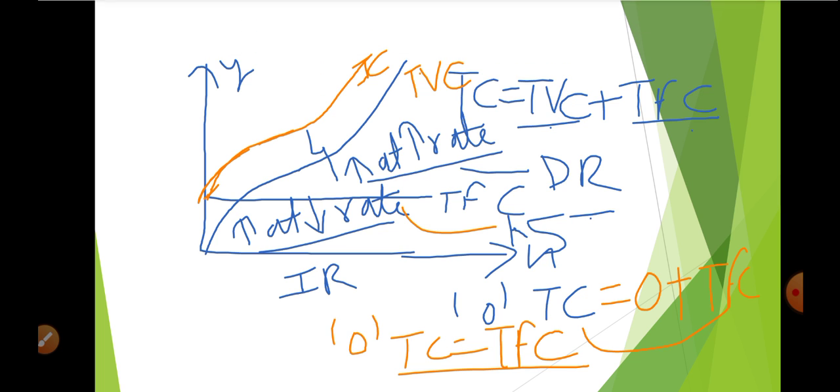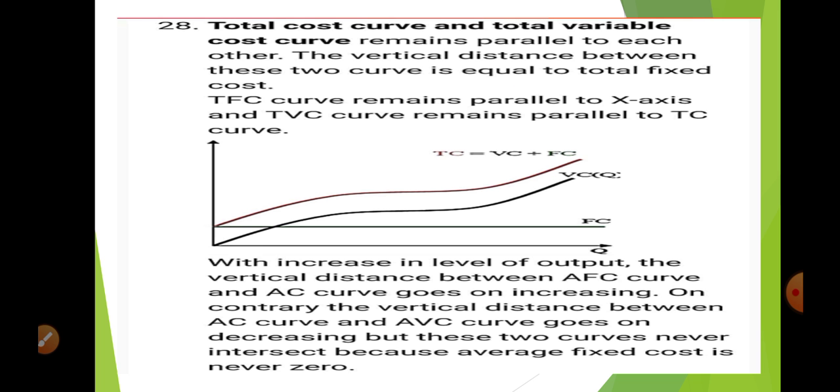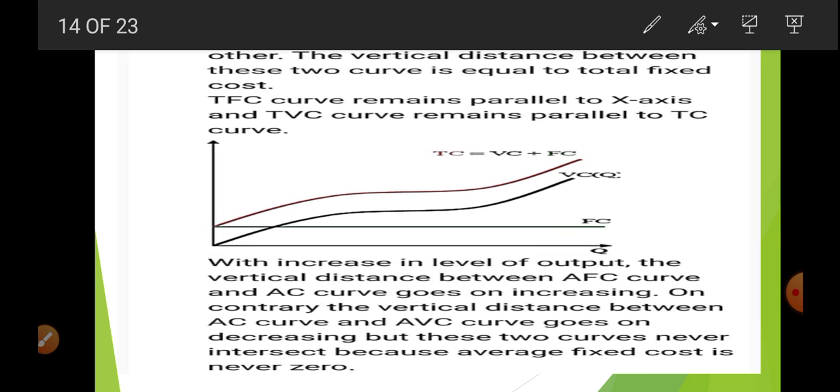So what is written in the book? Total variable cost and total cost remain parallel to each other. The vertical distance between these two curves is total fixed cost. The TFC curve remains parallel to the x-axis and the TVC curve remains parallel to the TC curve.